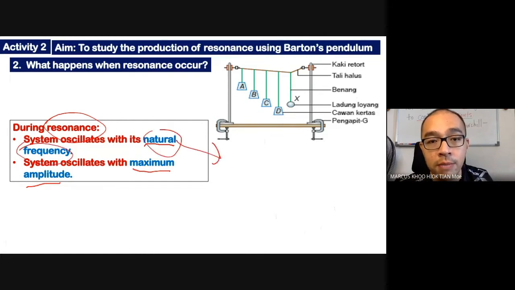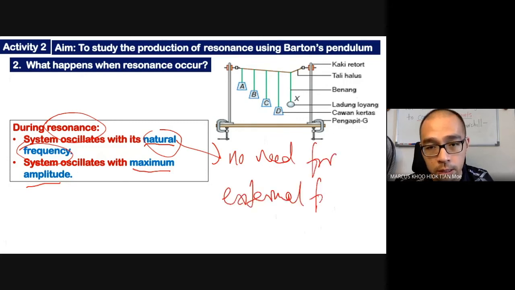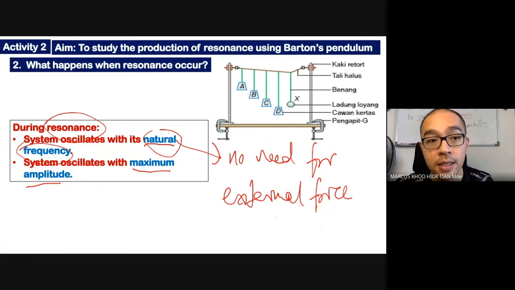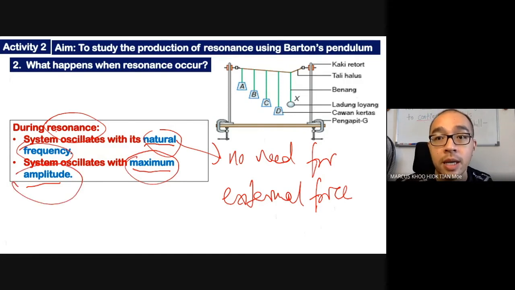Natural frequency means no need for external force to continue to keep it pushing. And not only that, when it is oscillating with natural frequency and resonating, it's going to oscillate with the maximum amplitude possible because they have the support.